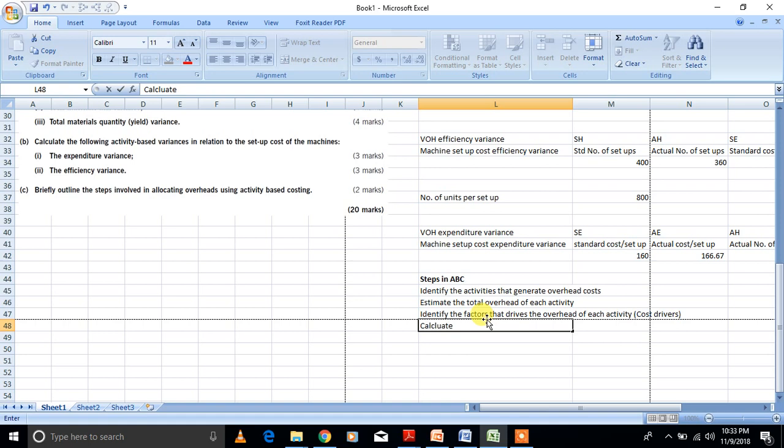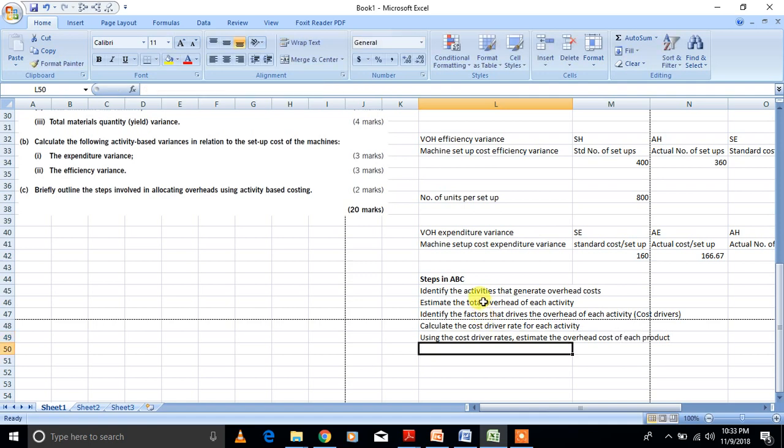Calculate the cost driver rate for each activity. Using the cost driver rates, estimate the overhead cost of each product.